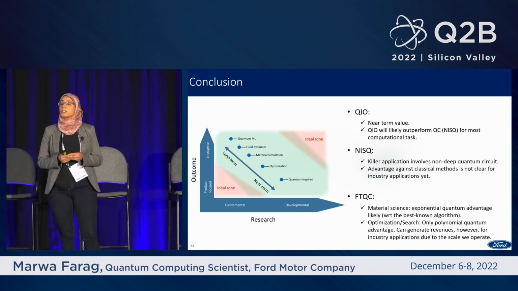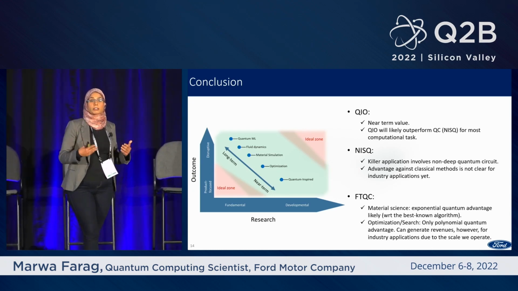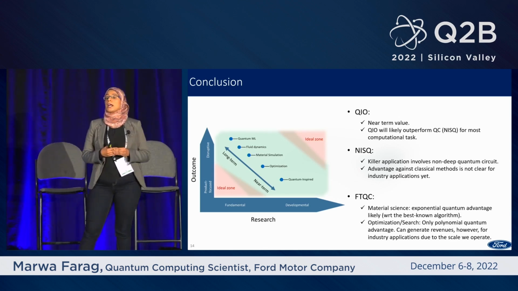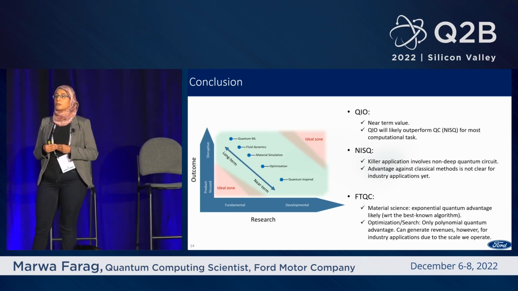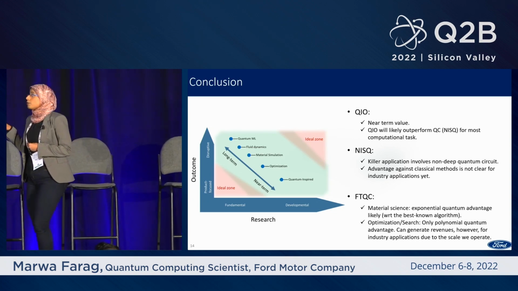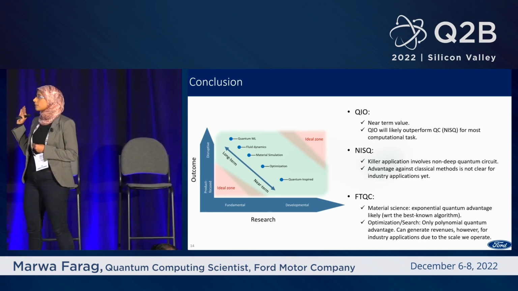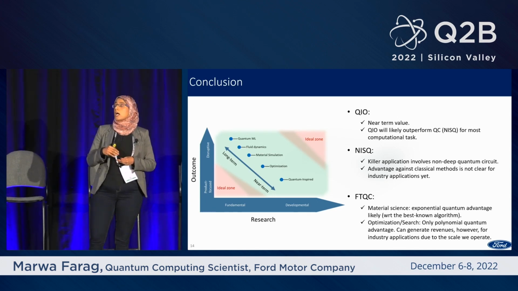But I think it's good to work in this area because we need to gain insights about quantum computing and develop the algorithms, and understand which problems will really take advantage of quantum computing. As I said at the very beginning, we expect quantum advantage when we have fault tolerance.